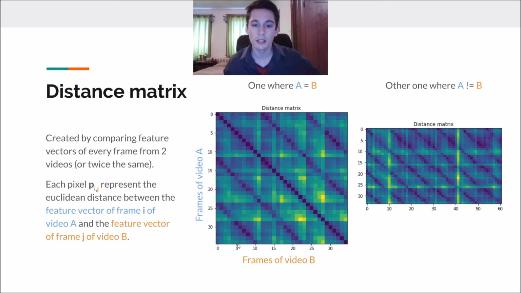Every pixel in these distance matrices represents the Euclidean distance between the feature vector of a frame in video A and the feature vector in a frame of video B. As you can see, stripe patterns appear in these distance matrices. These stripes represent the frame pairs where the cardiac cycles are synchronized.